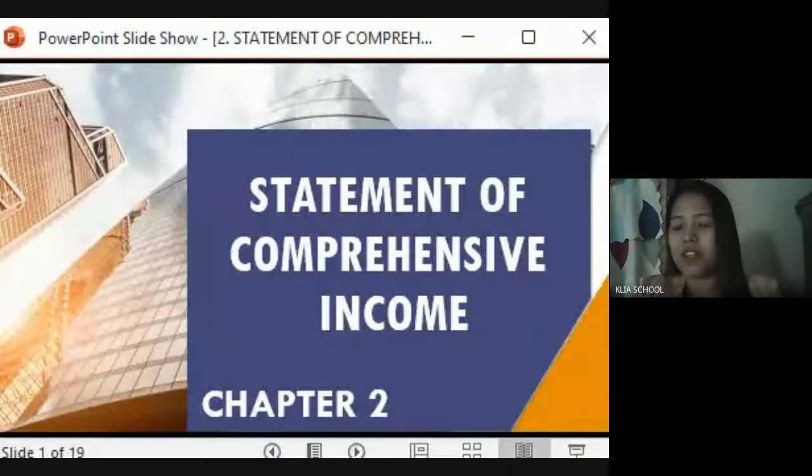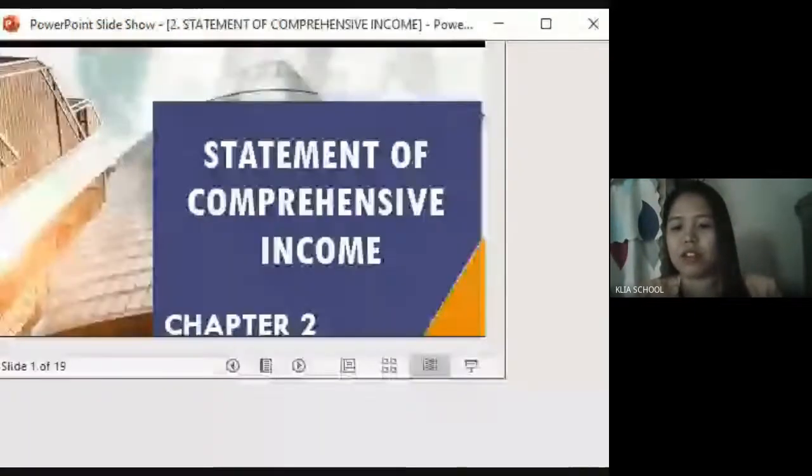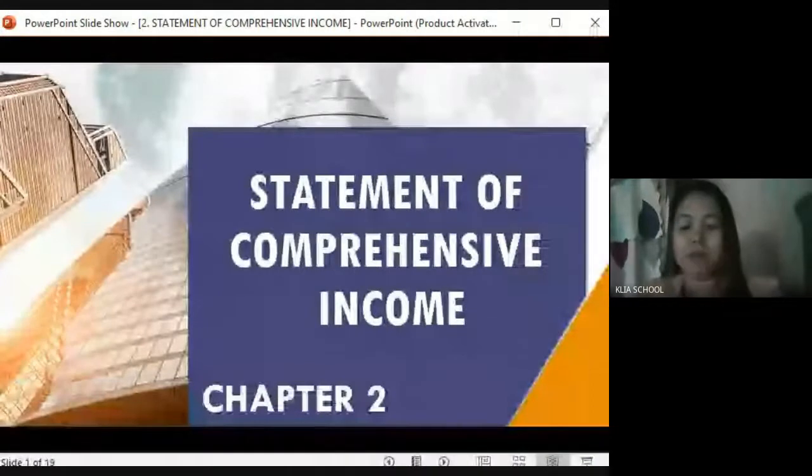Alright, so as the introduction, we are always familiar with the statement of financial position. Kasi nga, since I have told you last time, this was also called balance sheet. So we are used to it. But in accounting naman po, in a formal type, meron din tayong tinatawag na statement of comprehensive income.